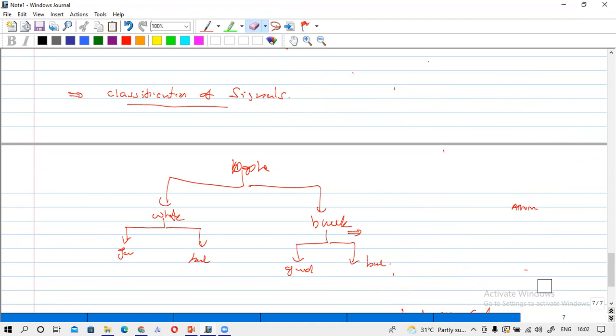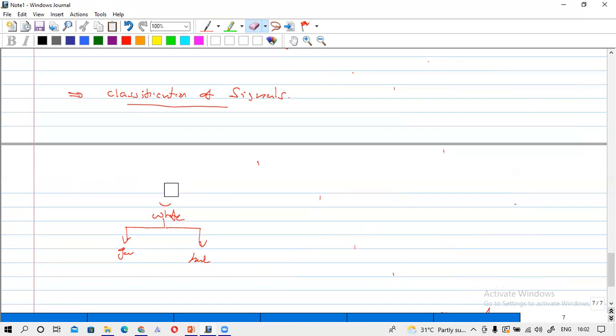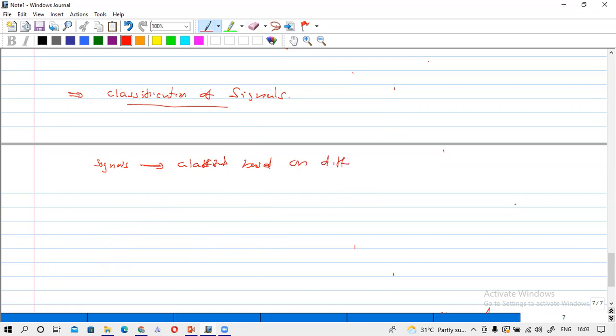Okay, so you can see that based on different parameters we can classify the people in the world, and likewise we can classify signals based on different parameters.